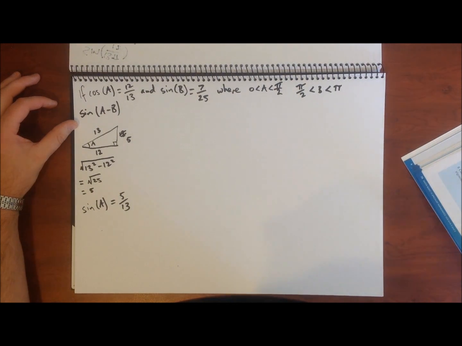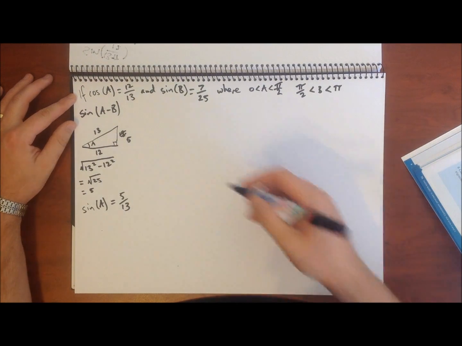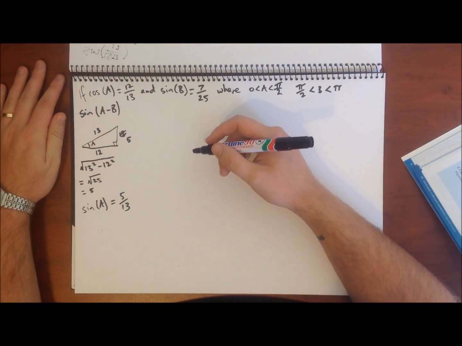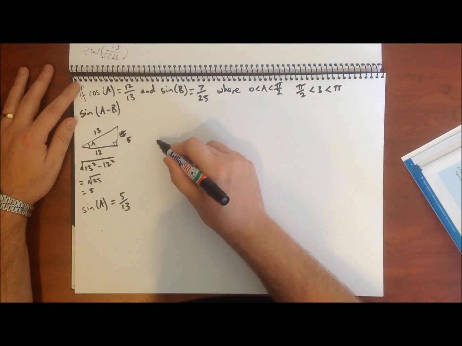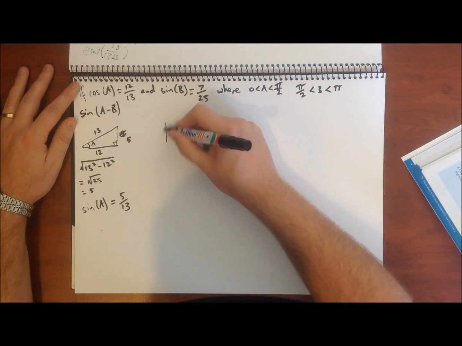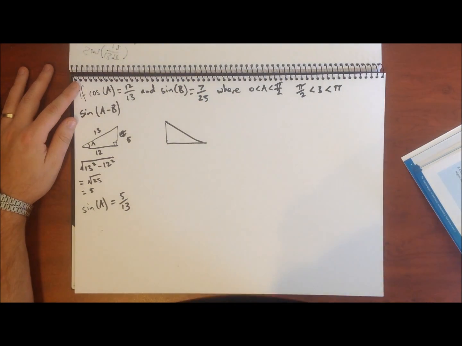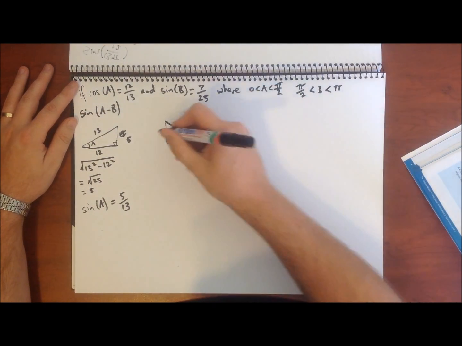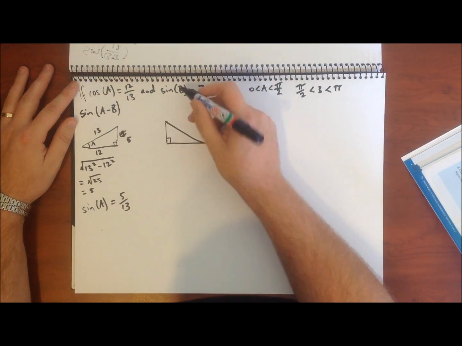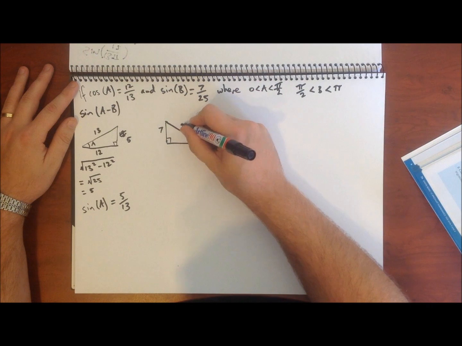Okay, so we do a similar thing with this triangle here. We've got to set up our right angle triangle again, but you'll see I'm going to set it up this way, and you'll see why in a second. So we have sine of B, so 7 is our opposite and 25 is our hypotenuse.